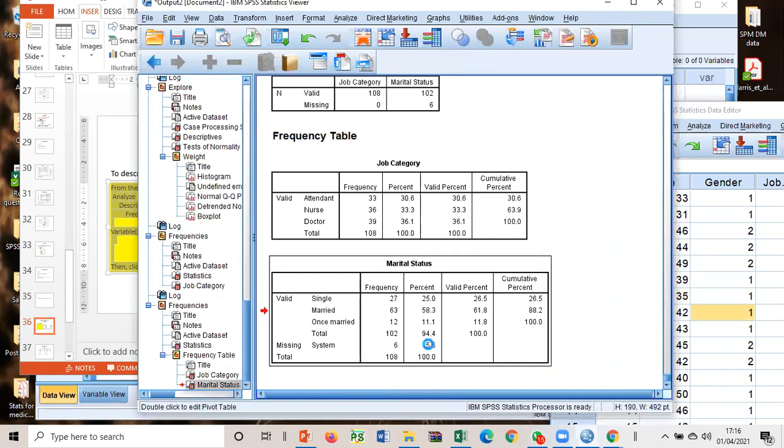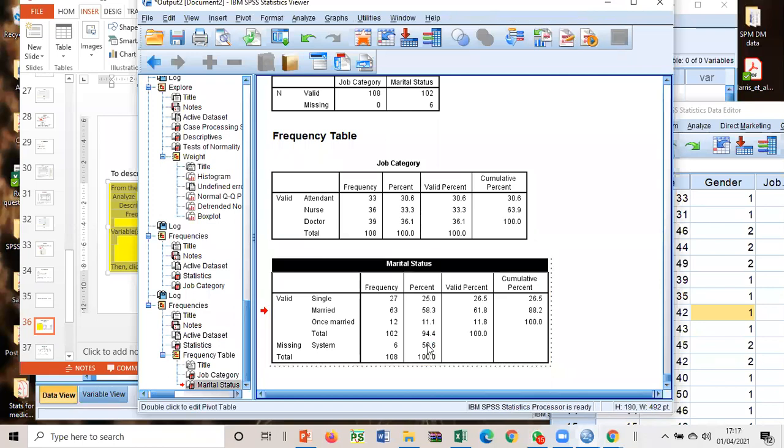The percentage missing, is it very high? Supposing 50.6% are missing. What does it mean? It's not reliable. Half of them did not disclose. That variable is not good for analysis. Some say more than 10% is not good. So this is 9.6%; okay, go ahead.